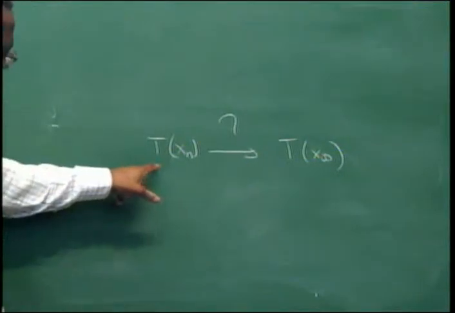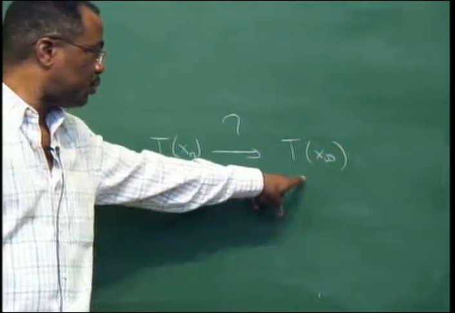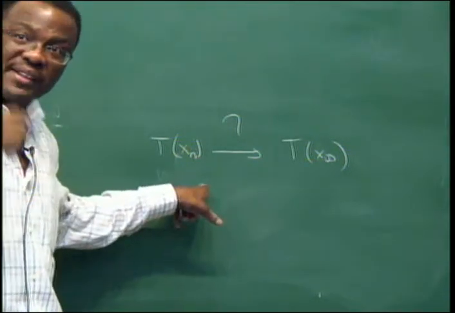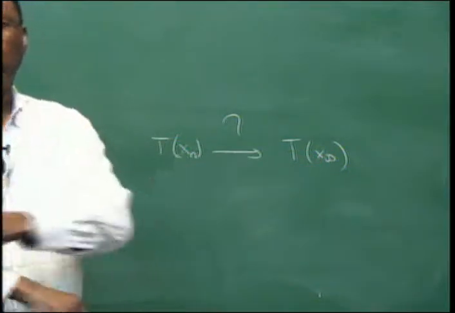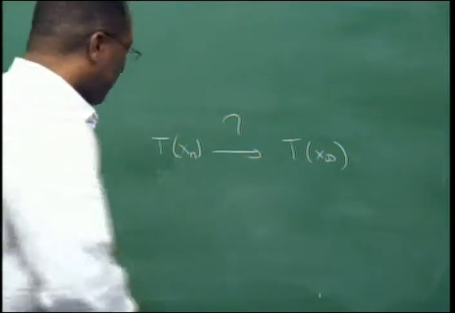If you want to prove that a sequence converges to a specific point, it is enough to prove that whenever you extract a subsequence, you can find another subsequence converging to that point. Or another way to say it is, assume by contradiction that this doesn't hold.